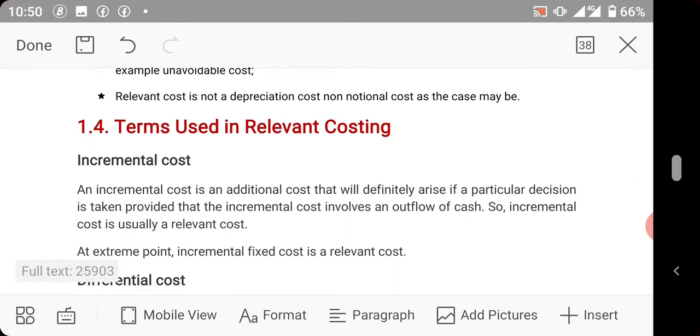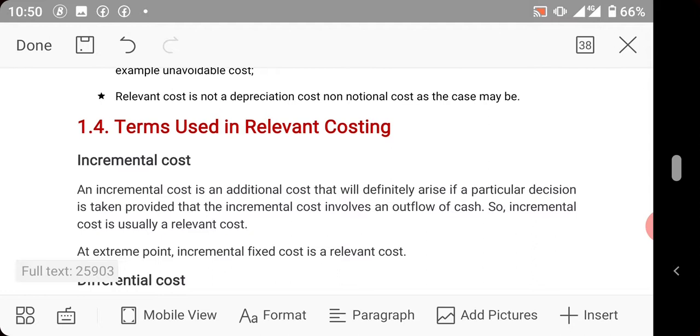Now, terms using relevant cost, I will be very brief here. The first one is incremental cost. Incremental means additional. So any additional cost that will arise as a result of making a decision to produce a product or to do a work is an incremental cost.